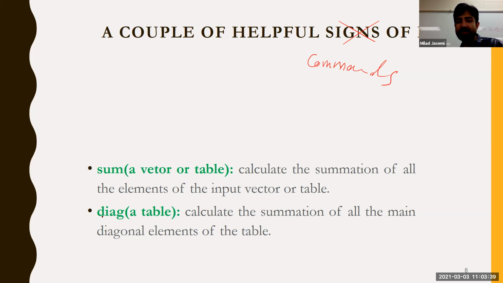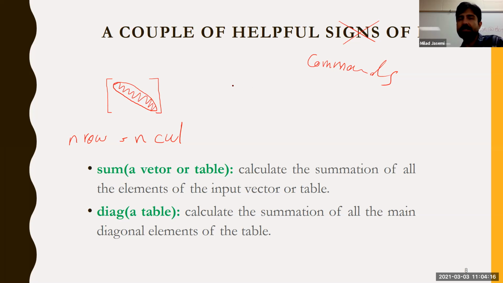Another one is diag of a table. What happens here? When you give a square table, that means the number of rows equals the number of columns, diag represents the data that I'm showing you now.